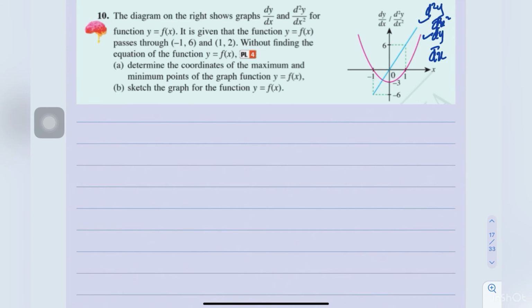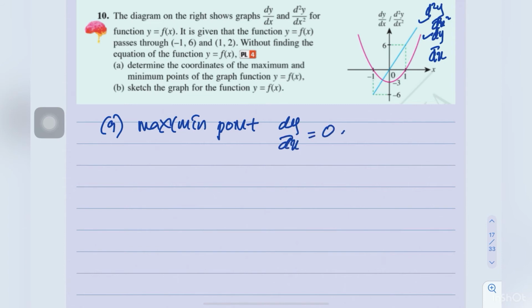Then, the first one, you have to determine the coordinates of the maximum and minimum points. So you know that at a maximum or minimum point, dy dx equals 0. Just now you identified the pink curve is dy dx.